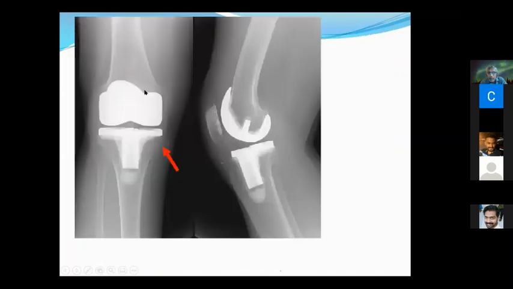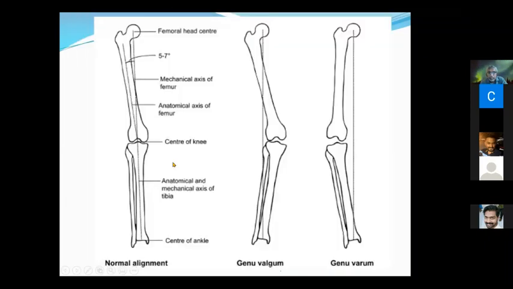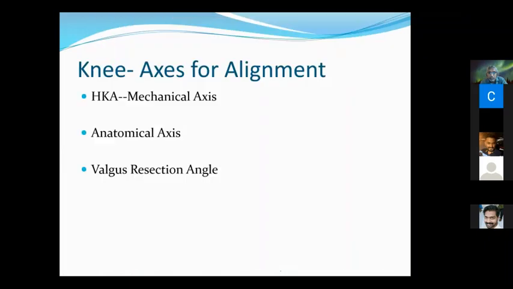Okay, so that is the basis of the valgus resection angle. Is that understood? Yes, sir. So the angle that the anatomical axis makes with the mechanical axis is around 5 to 7 degrees.